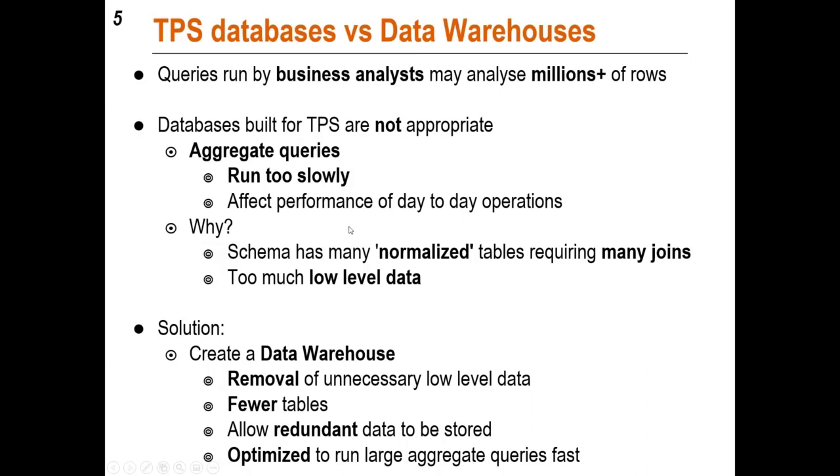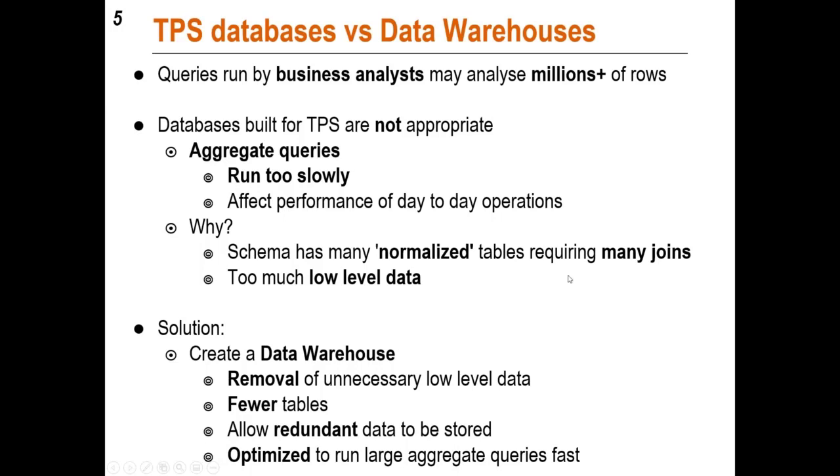So the queries will run very slowly, and that will greatly impact our transactions in transaction processing systems. The reason is that the schemas we have developed in transaction processing systems are normalized, because we have a lot of checks and constraints, such as check constraints.